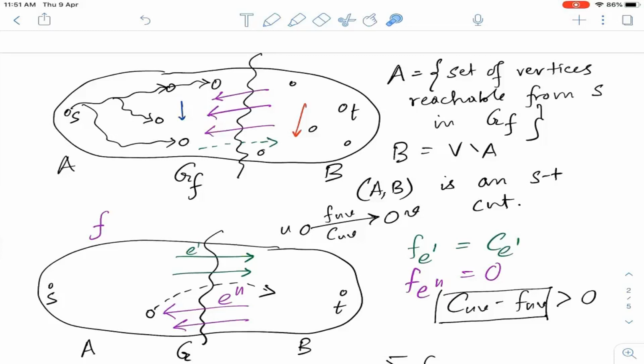तो अगर ये dotted green edge exist करता है, then should my BFS stop at this point, or should I include some other vertex in A? What do you think? Yes. No, not necessarily to T. So suppose this is a vertex. अब ये guaranteed नहीं है कि यहाँ से T reachable है.